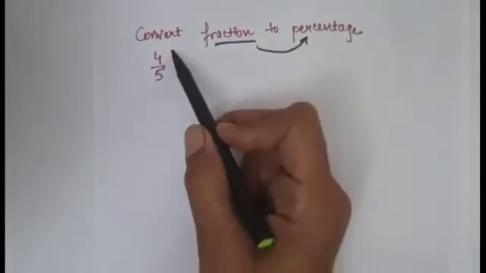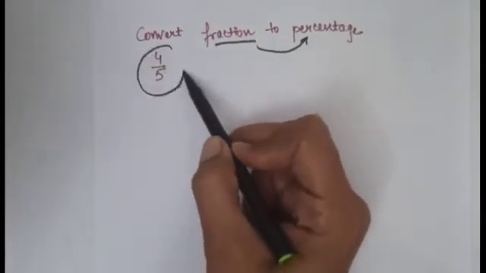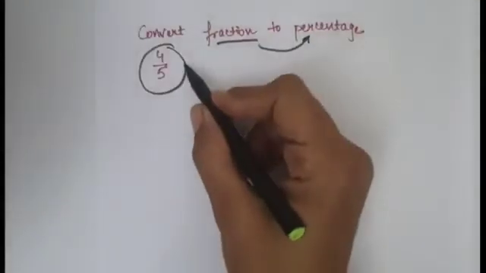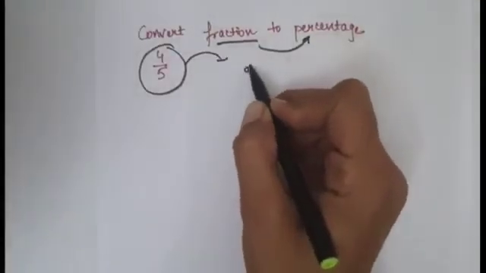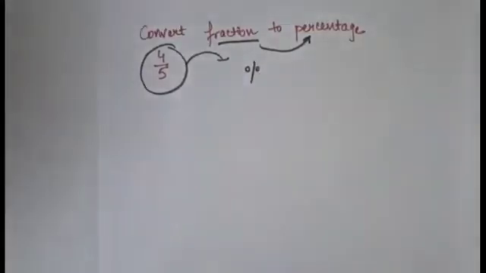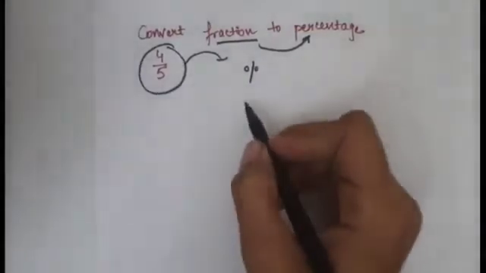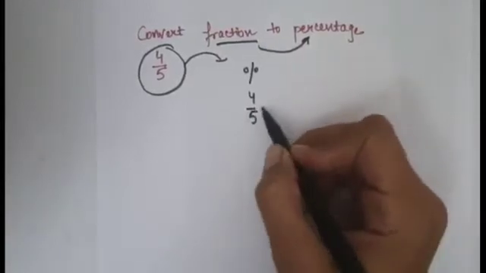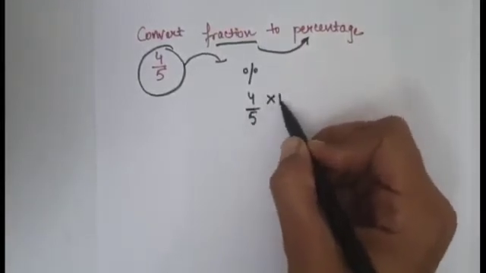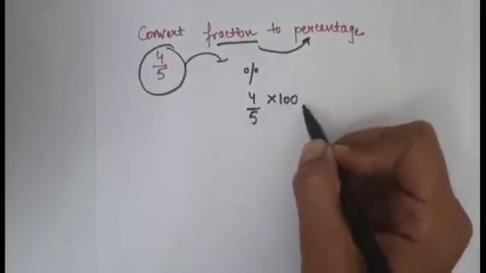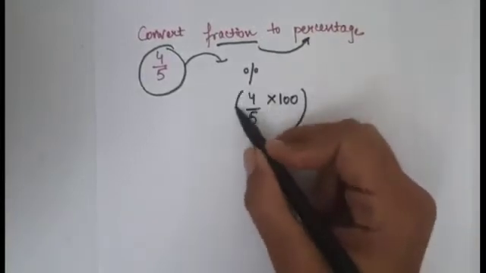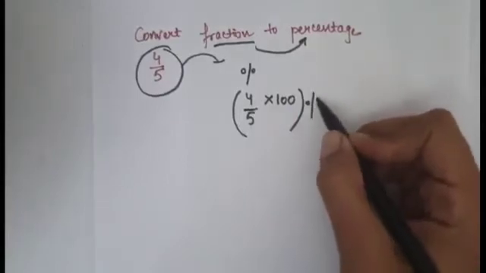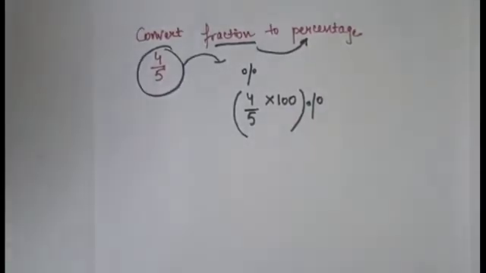Suppose we are having a fraction 4 upon 5 and we have to convert it into percentage. Fine. So what is the rule? Write the fraction, multiply it by 100 and put it in the bracket and write the symbol percent.